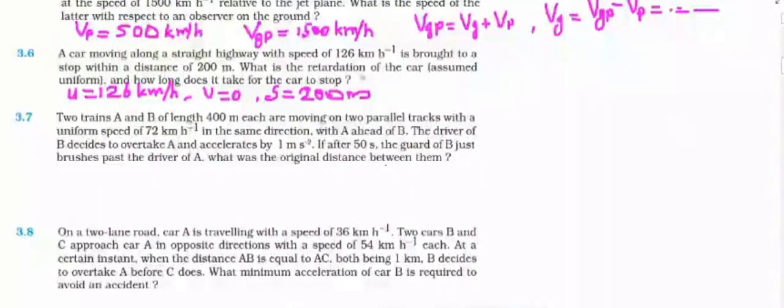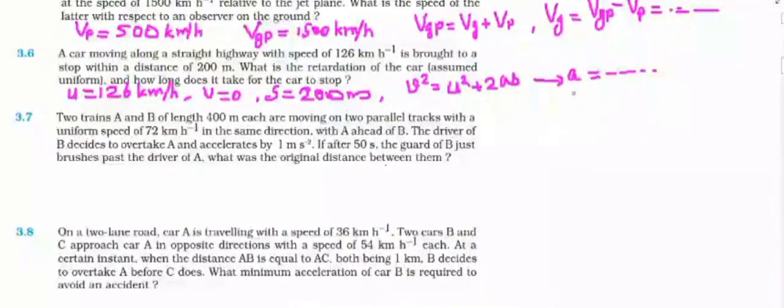Then what is the retardation? We can use the formula V square is equal to U square plus 2AS. Substitute the values and find the value of retardation A from the formula. And how long does it take for the car to stop?